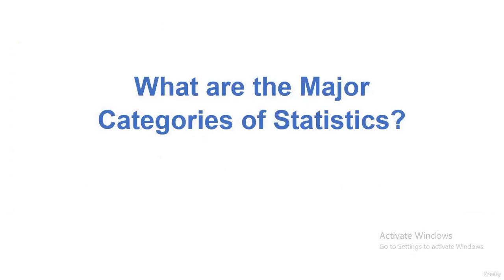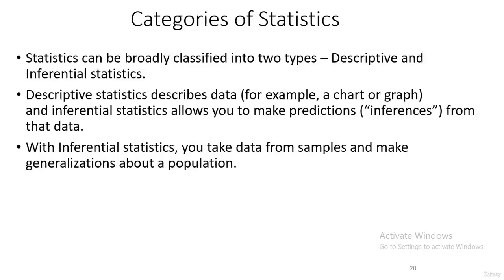What are the major categories of statistics? Statistics can broadly be classified into two types: descriptive statistics and inferential statistics. Descriptive statistics describes data, for example a chart or graph, and inferential statistics allows you to make predictions and inferences from the data, or make a conclusion from the data.